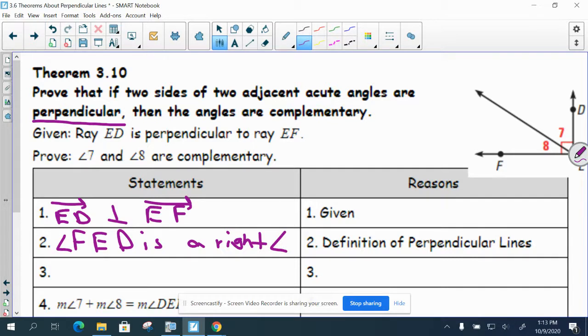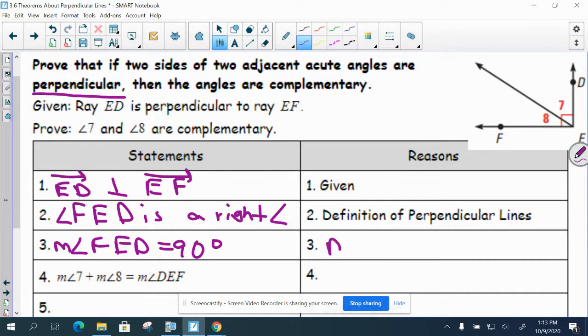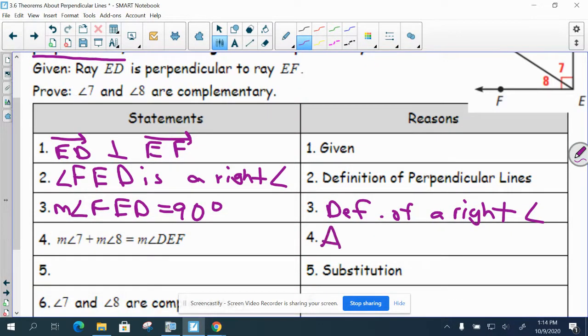Now, based off the definition of a right angle, then you can say that the measure of angle FED equals 90 degrees. Definition of a right angle. Okay, now, what are we doing in step 4? We're saying that the measure of angle 7 plus the measure of angle 8 equals the measure of angle DEF. That would just be the angle addition postulate.